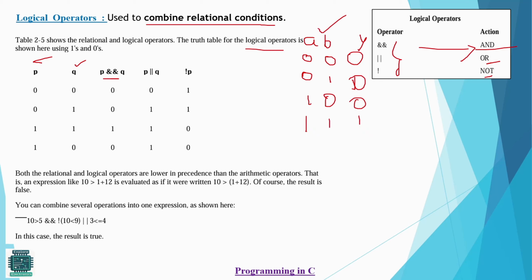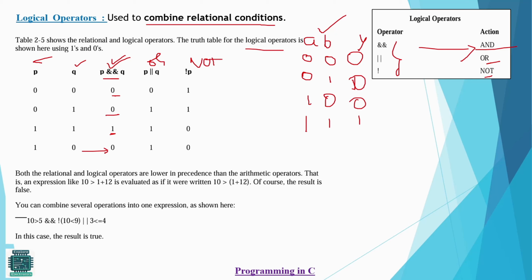Now let us apply this over here: 0 0 0, 0 1 0, 1 0 0, 1 1 1. This completes the AND operator. In the same way, here the OR operator and here the NOT operator.